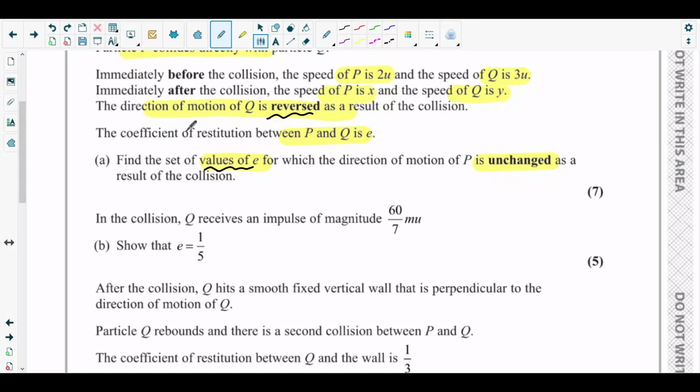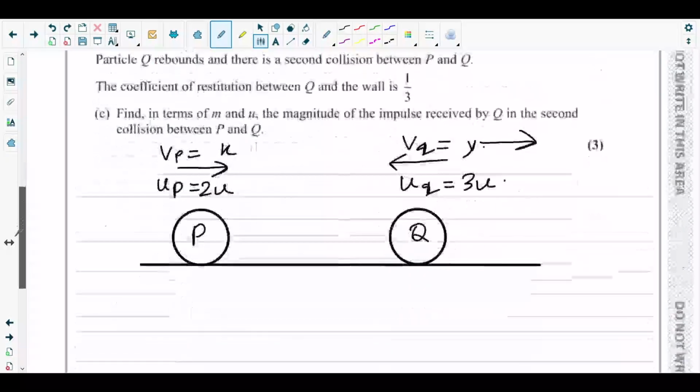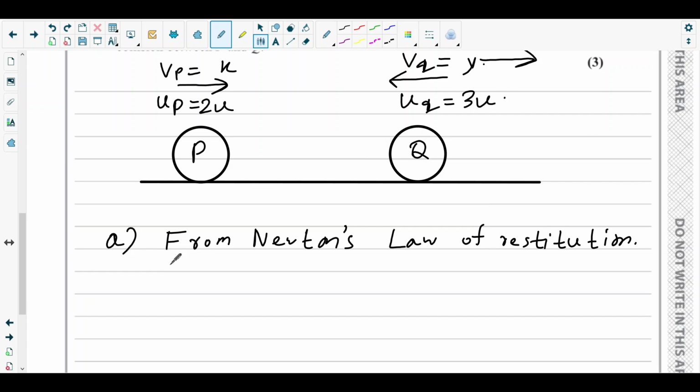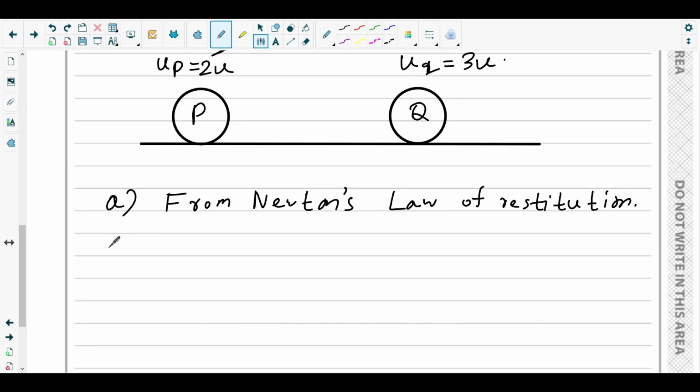So E is basically the coefficient of restitution. The coefficient of restitution can be found from Newton's law of restitution, right? From Newton's law of restitution, we are considering this direction as positive.